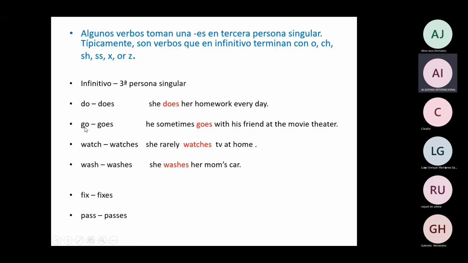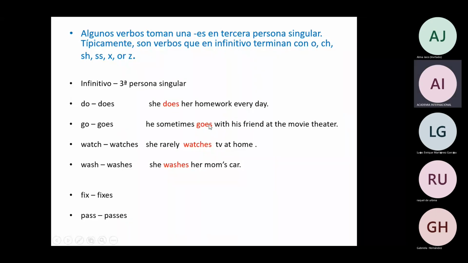Ahora tenemos otro, go. Es un verbo muy común, go, goes, in third person. So he sometimes goes with his friends at the movie theater. Okay.